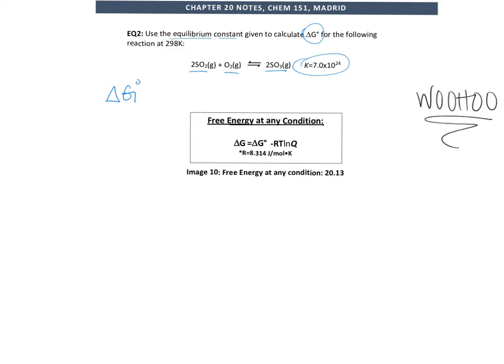Very similar to our previous problem, we're using that delta G naught equation in image 9. Instead of solving for K, we're now solving for delta G naught, which is a little bit simpler. So go ahead and attempt that using image 9's equation. Pause the video and then come back to see the answer.